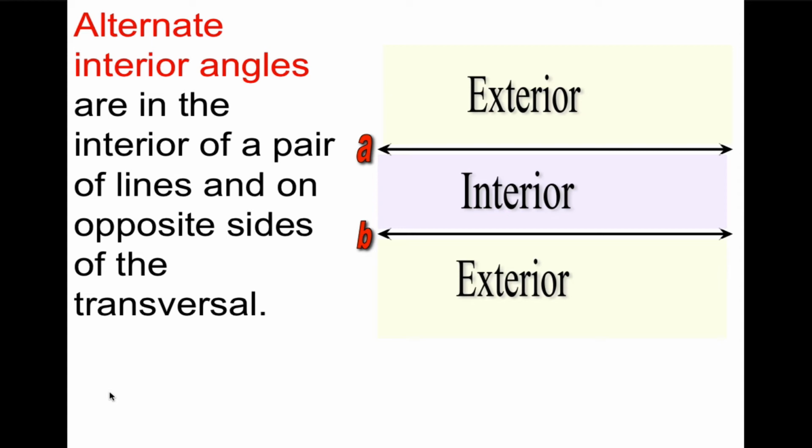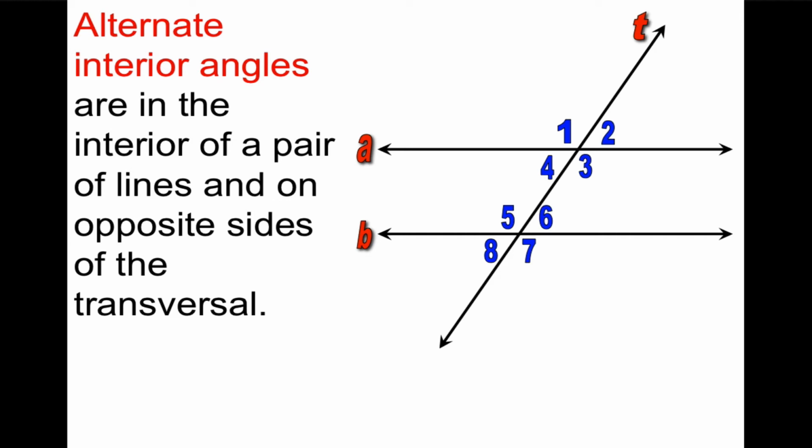And so exterior paint, exterior means the outside. So this area and this area are both exterior, whereas the interior is between the lines. It's on the inside. So alternate interior angles have to be in the interior region, and they have to be on opposite sides of the transversal.